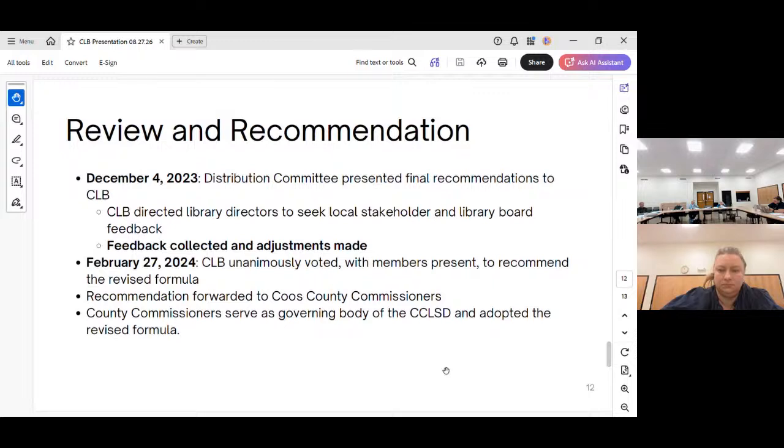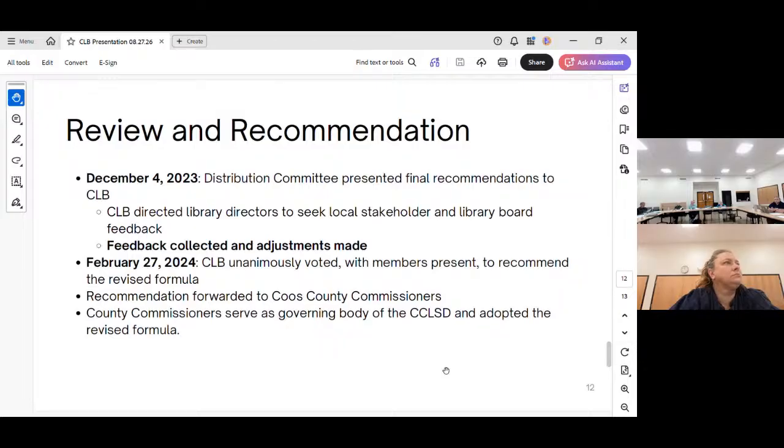Feedback was collected and we made several adjustments. I remember distinctly that there were some adjustments made to how we were calculating attendance at library programs. So we did make some adjustments during that interim period. And then ultimately in February of 2024, the Coos Library Board unanimously voted with the board members present at that meeting to recommend that the county commissioners approve the revised distribution formula in their role as the governing body.